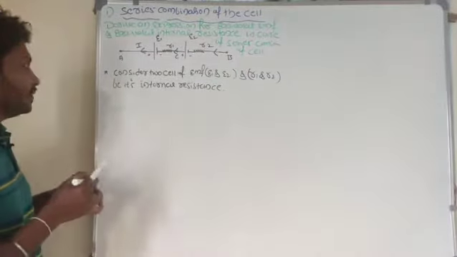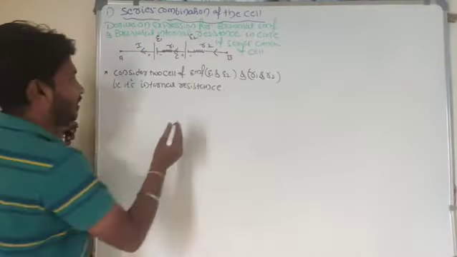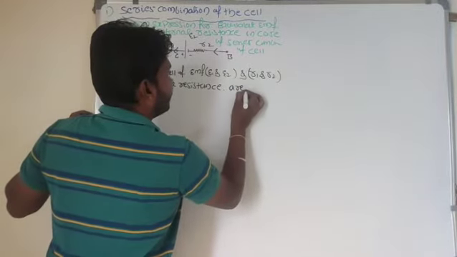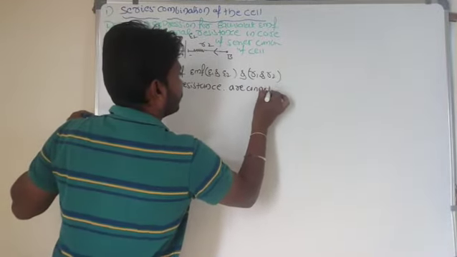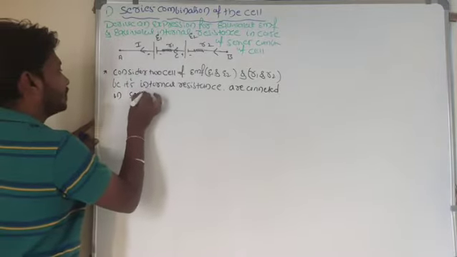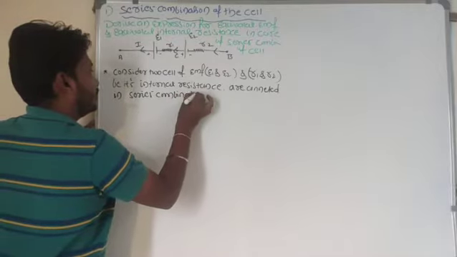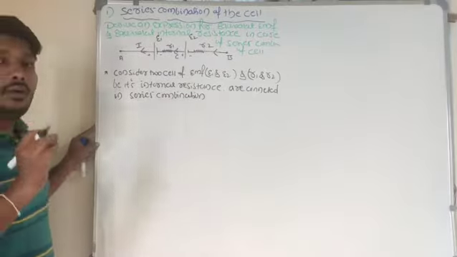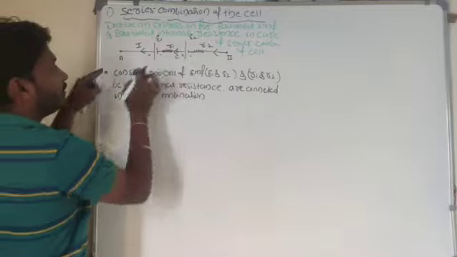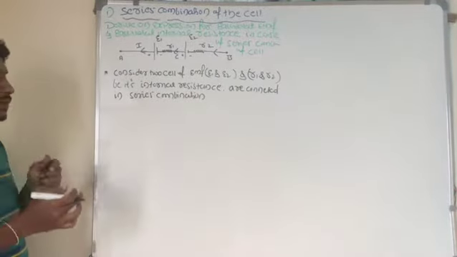So consider two cells of EMF E1 and E2, with internal resistances R1 and R2, connected in series combination. Now let me find the potential difference across AC and the potential difference across CB, or BC, you can take it.